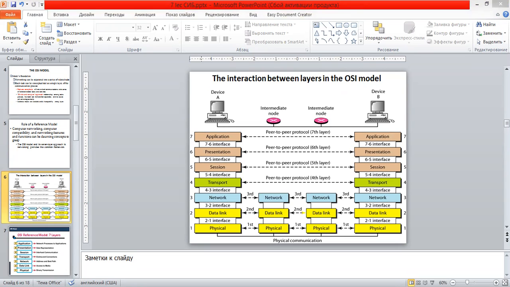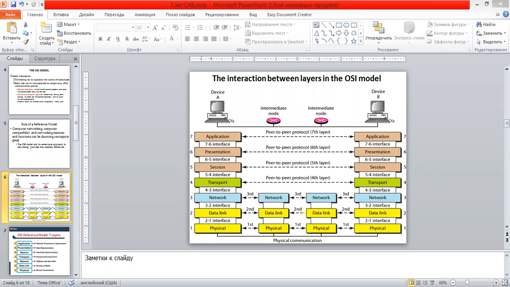As data gets passed from layer to layer, it's divided into data units appropriate for the layer. Protocol data units are passed as a self-contained data structure from layer to layer.